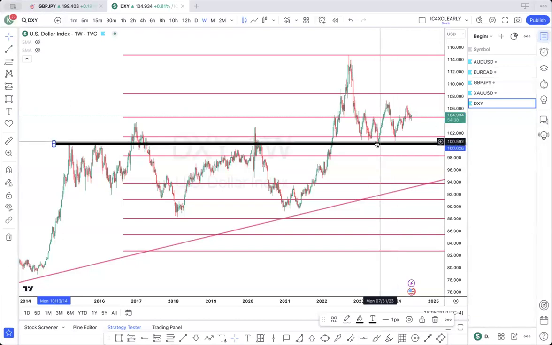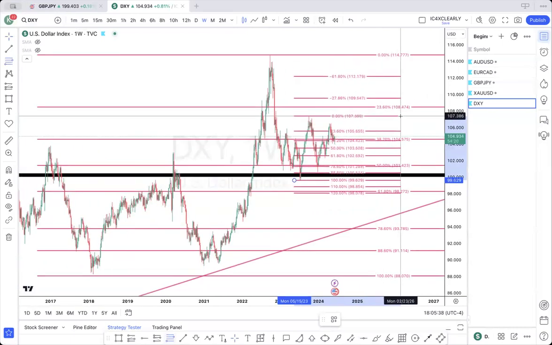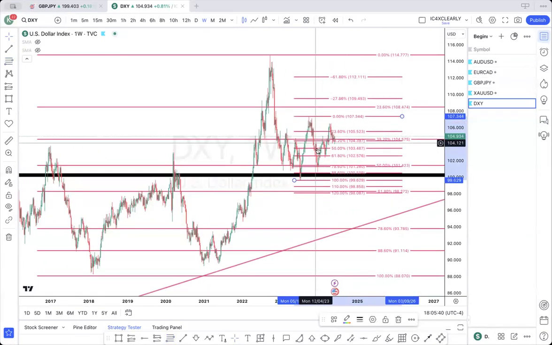Okay. And because this broke structure based on the weekly, this broke this swing high here, pulled back. And I know I'm about to have a ton of fibs on my chart, but I can explain it. It pulled back to the 78. So price is probably pushing up to the top here.